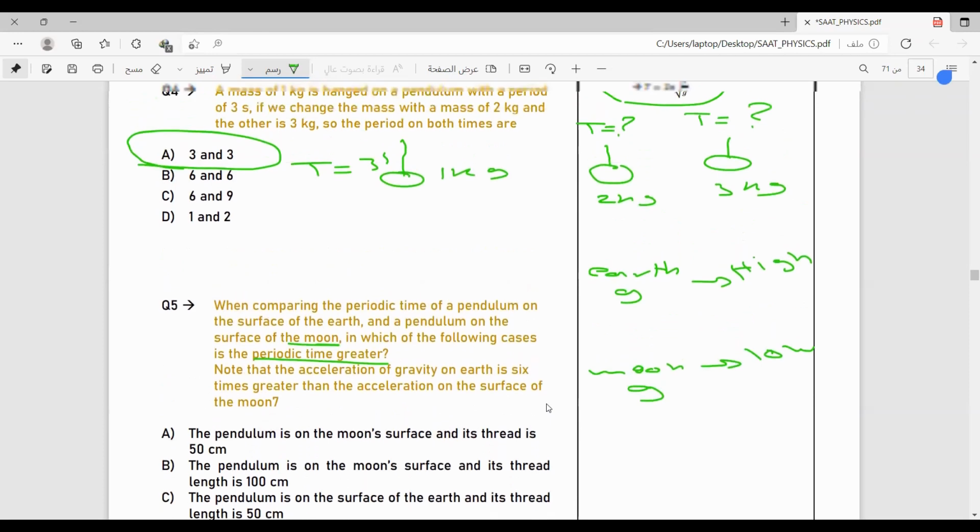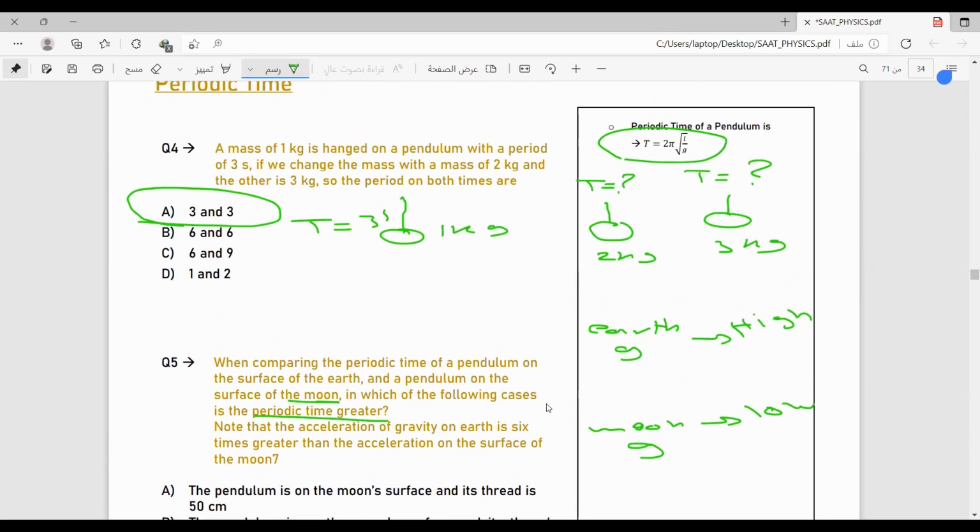So if the G here is high, T will be high or low? Just write it down here. High or low? To be low, sir? Yes, you're right. To be low. So it means that on the Earth the periodic time will be low, and on the moon it will be high because the G is low. You get it?